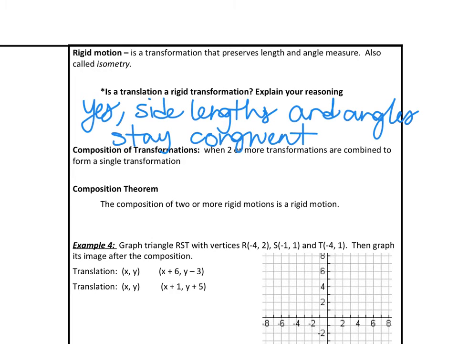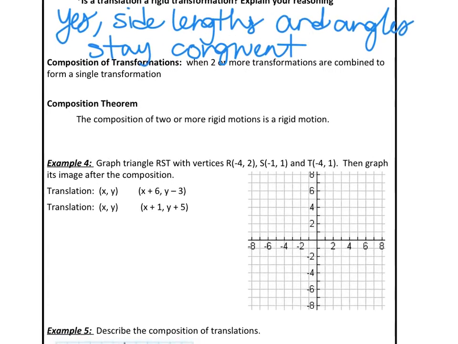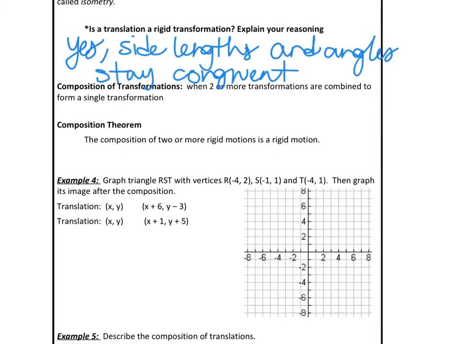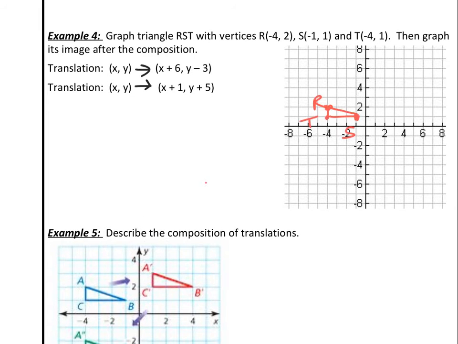Okay, a composition is when you're doing 2 or more transformations in one problem. And if those transformations are rigid motions, then the whole thing should be a rigid motion. So let's go ahead and graph RST. This is our original, make that like 0.